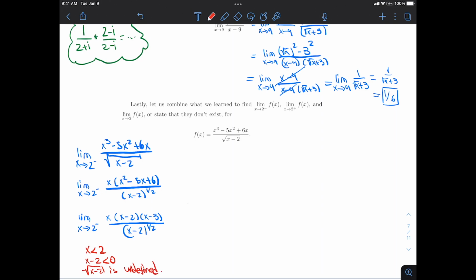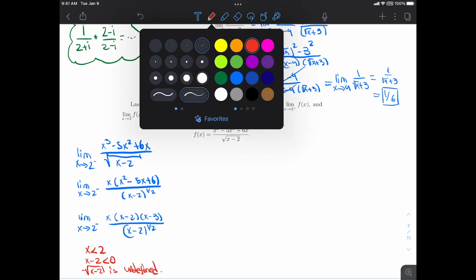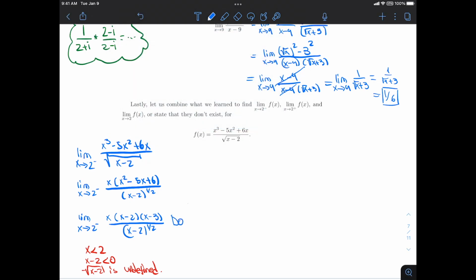So this limit does not exist, and I'll write it here. Not only did I say that it does not exist, but I explained why. Okay, so the limit from the left does not exist.